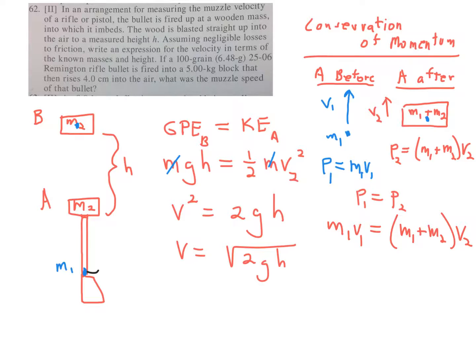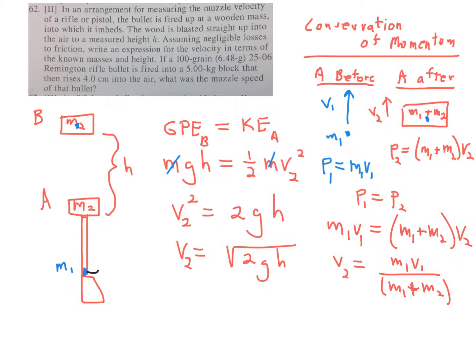I can add that in here, V sub 2, V sub 2. That represents the velocity of the combined block with bullet in it. Going back to the right, solve for V sub 2. V sub 2 equals M sub 1 times V sub 1 over the sum of M sub 1 plus M sub 2.